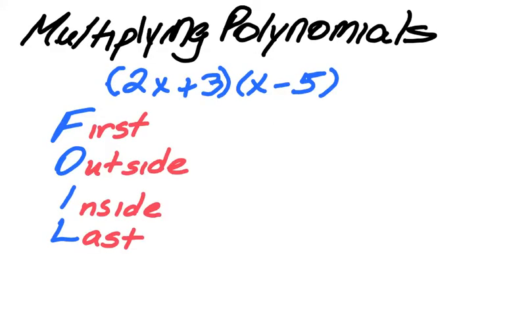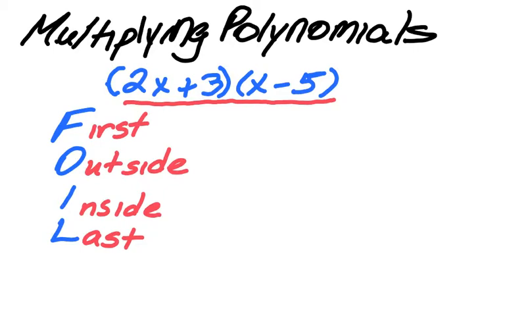So here we are at the world of multiplying polynomials. And if you look below here, you'll see the example of what we're going to use today. And what you want to write is exactly what you see on the screen. FOIL, F-O-I-L, and that stands for first, outside, inside, and last.